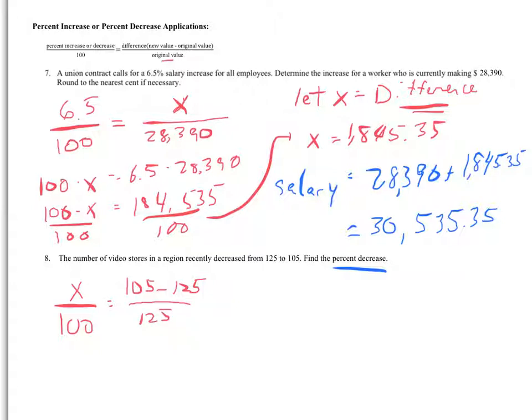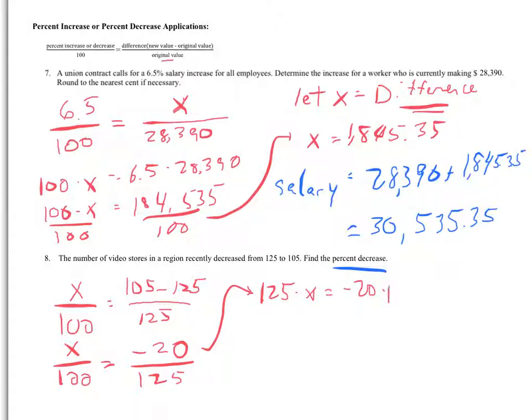That subtraction we're going to do first before we take our cross products. So I'm just going to rewrite the left-hand side. x over 100 equals 105 minus 125, which is negative 20, over 125. Now we can take our cross products and write this as 125 times x equals negative 20 times 100.